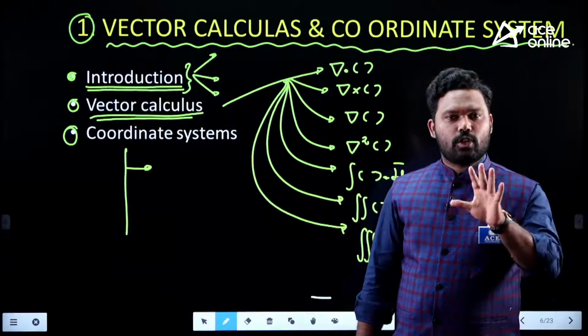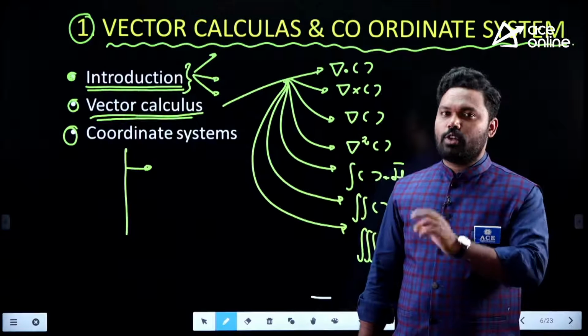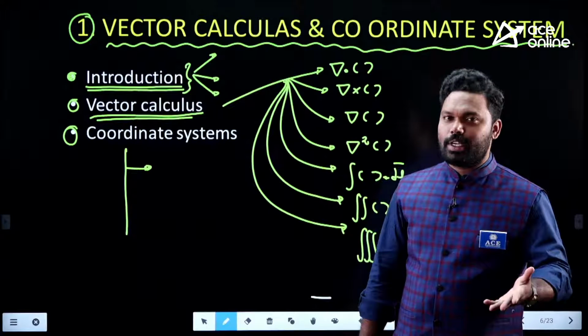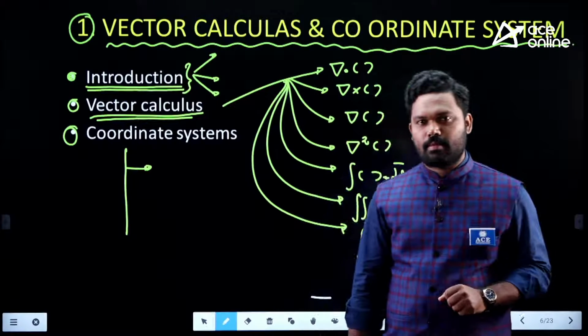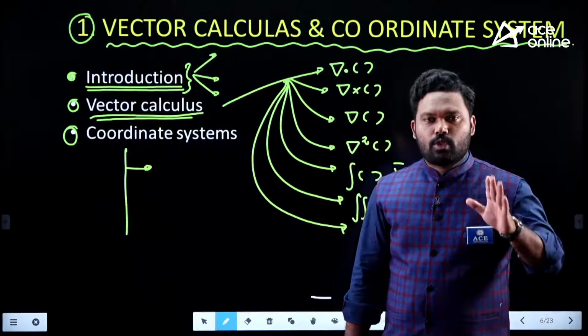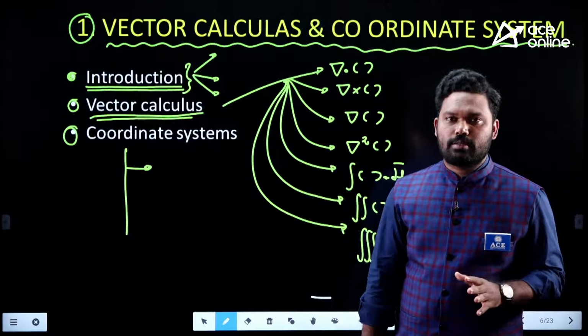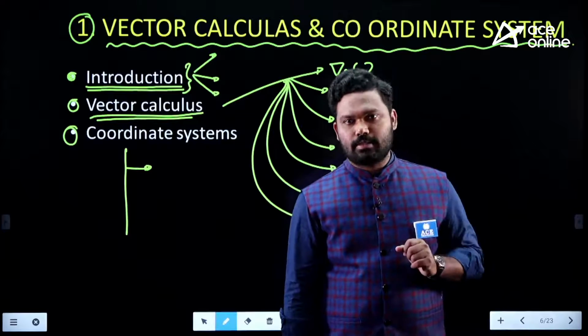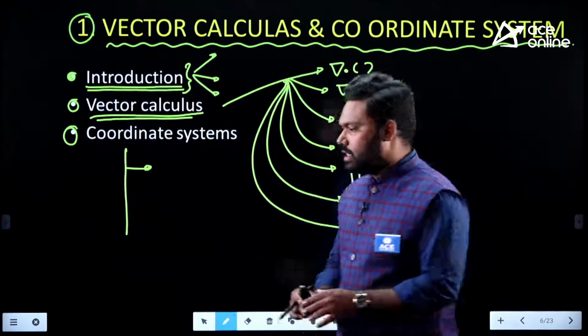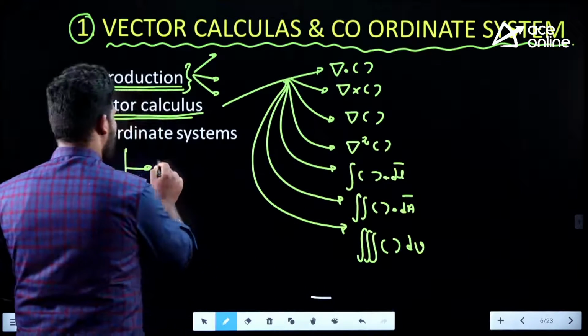Fine. Interestingly, in our competitive exam, you will never get a direct question on the coordinate system. But to what extent we should learn it is, you must be in a position to visualize things to a greater extent. You should know what the different coordinates are talking about.